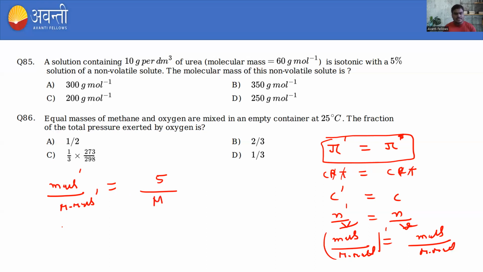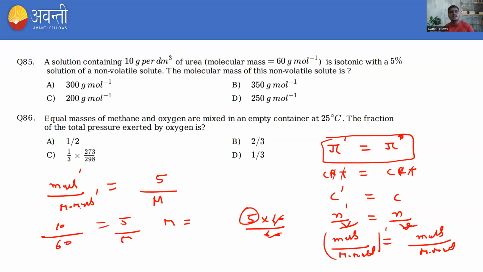For urea, the mass is 10 gram per decimeter cube, and the molecular mass is 60. So just calculate this M. M comes out to be 5 into 60 upon 60, that is 5, right?